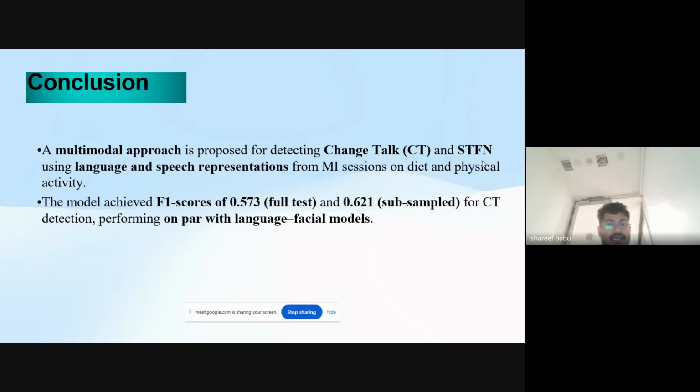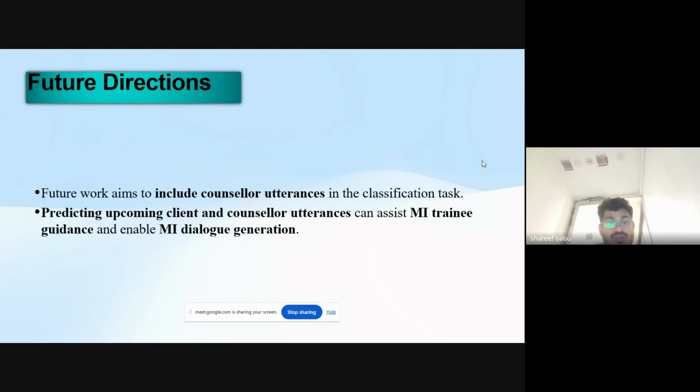And we achieved these results as far as the language and the facial models. We would like to enhance this task in terms of understanding the counselor and client behaviors, more in dialogue generation.